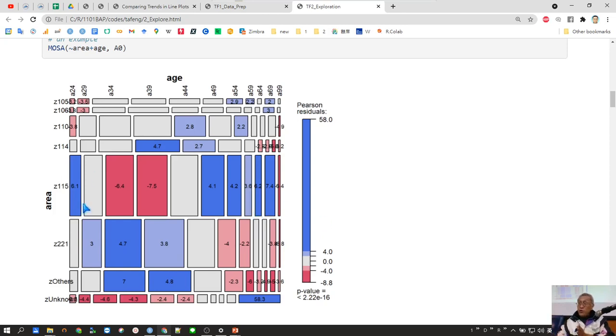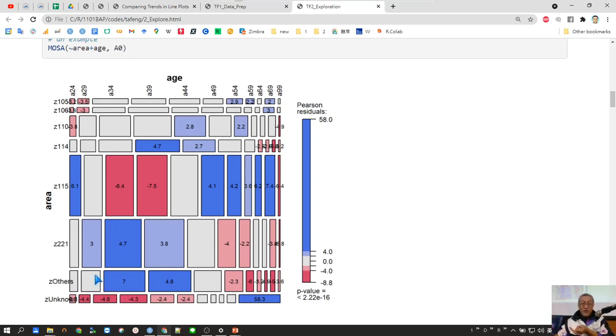So from this, we know that relatively, there are fewer 34 to 39 customers in Z115, right? Statistically significantly, the proportion of A39 and A34 in Z115 is significantly less than the common distribution, right?